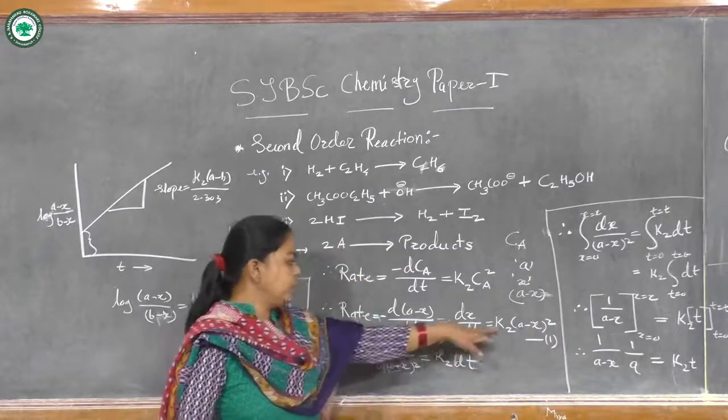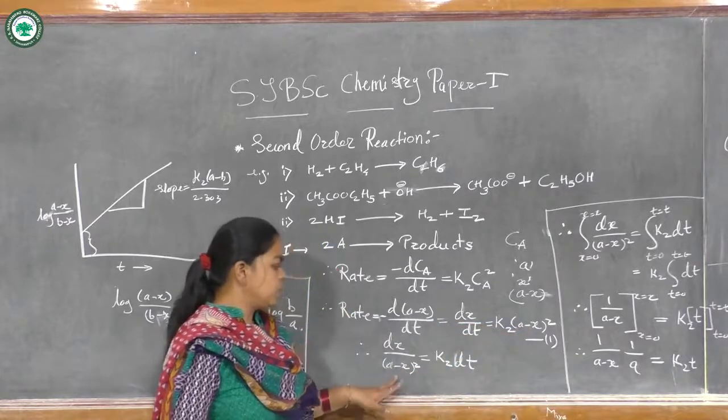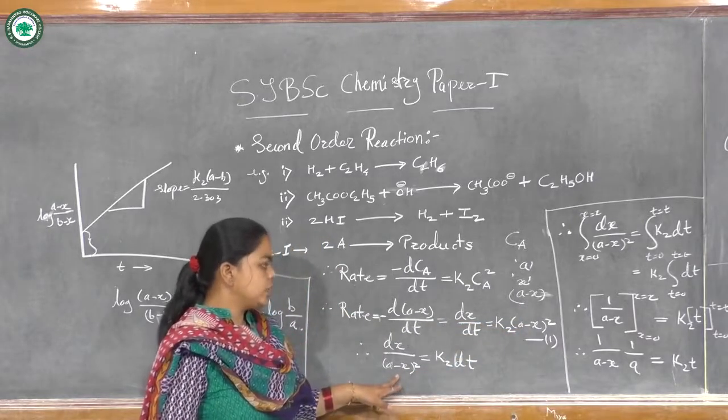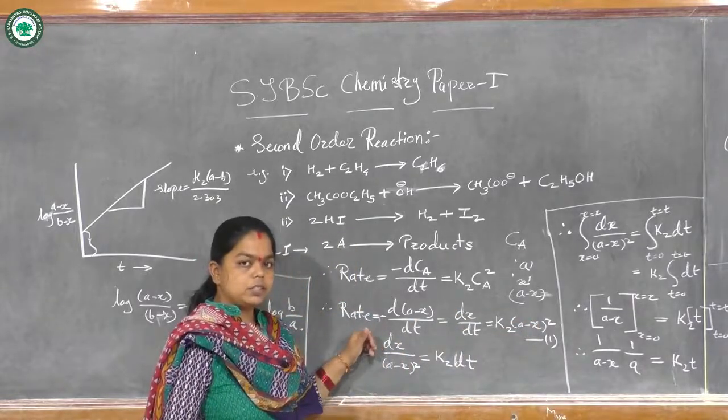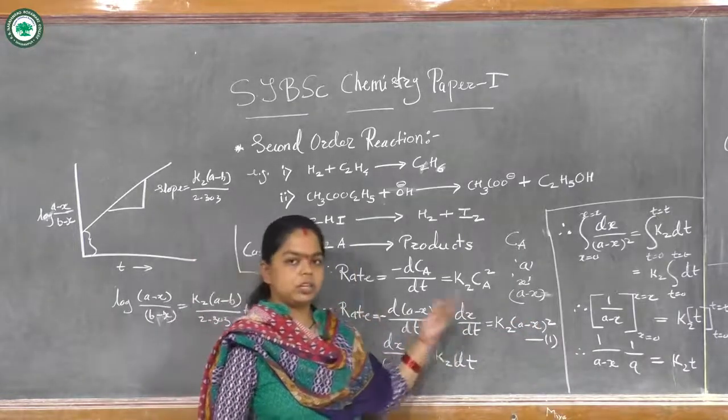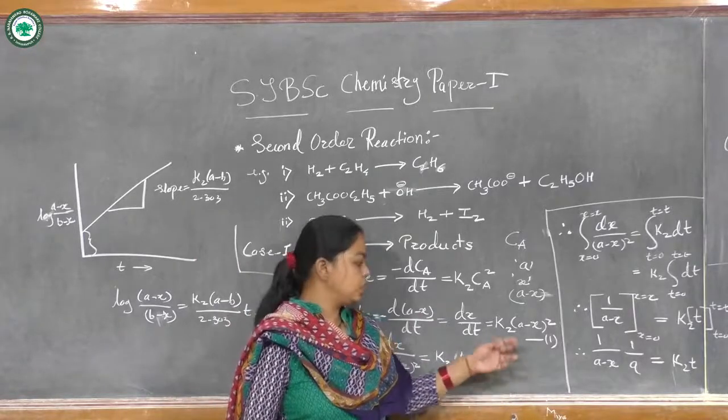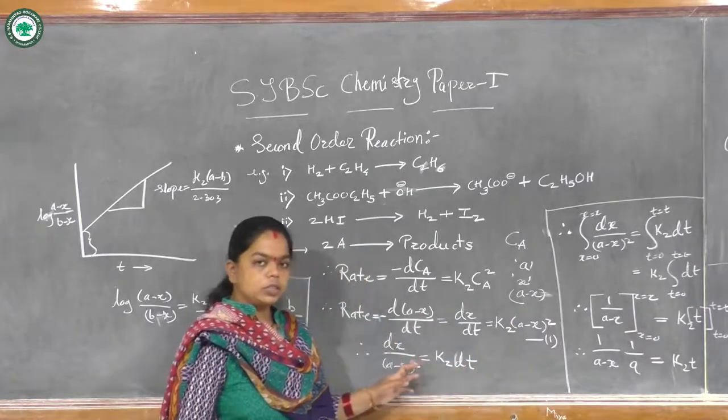Now if we rearrange this equation in order to take the integration, the x terms are taken on the left side and the t term is taken on the right side, and the constant K2 is also taken on the right side.